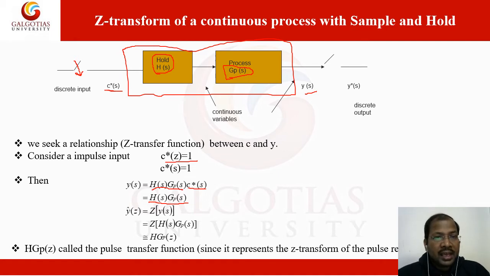Then we take the Z transform, because we are again converting into discrete form. So what is the discrete output? The discrete output we can calculate using the Z transform.